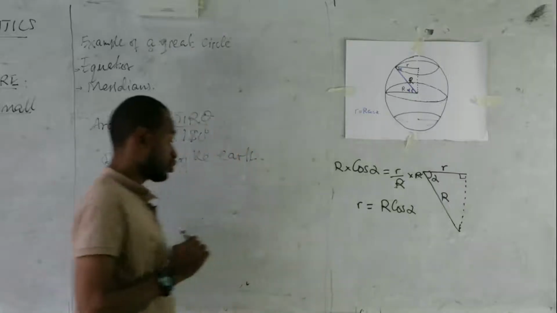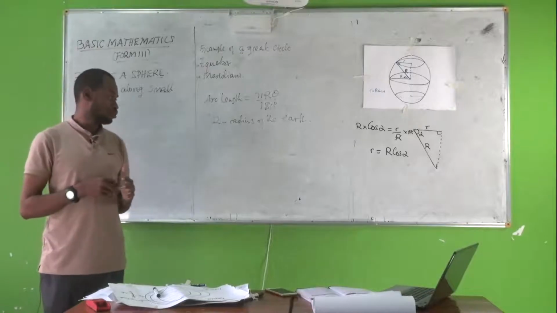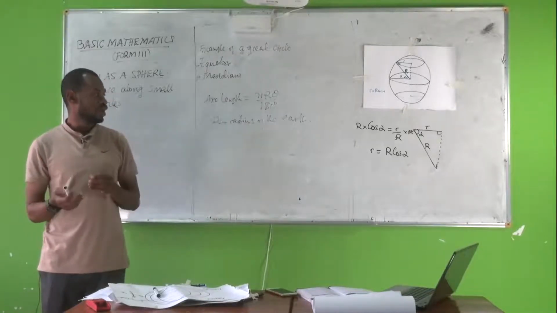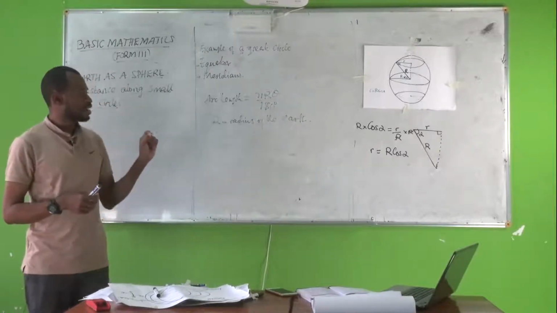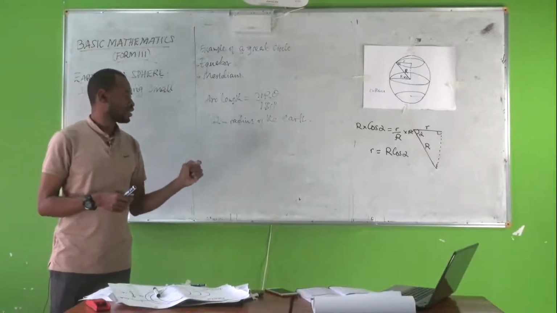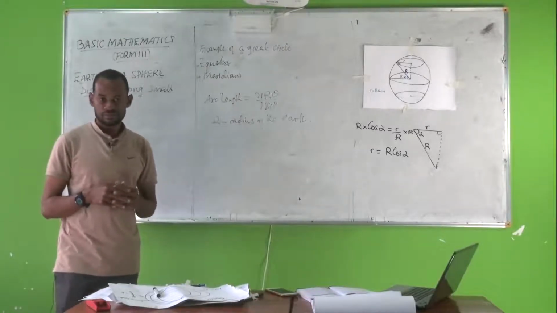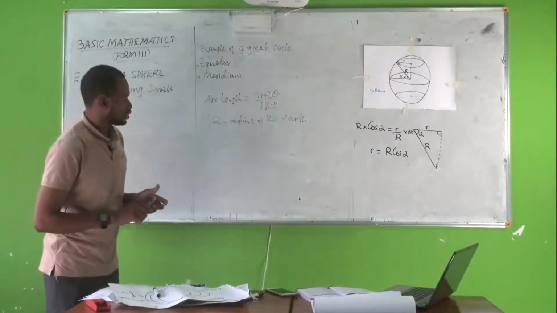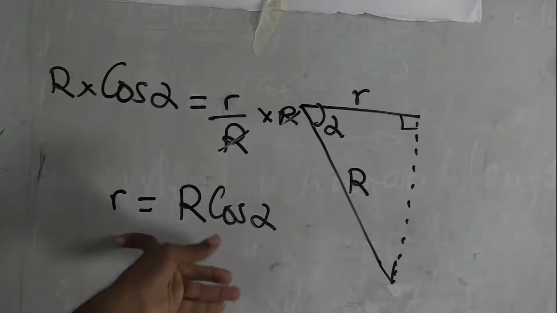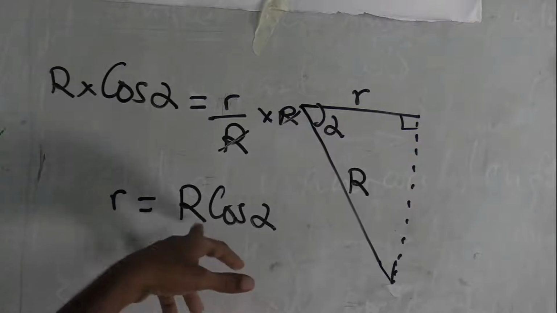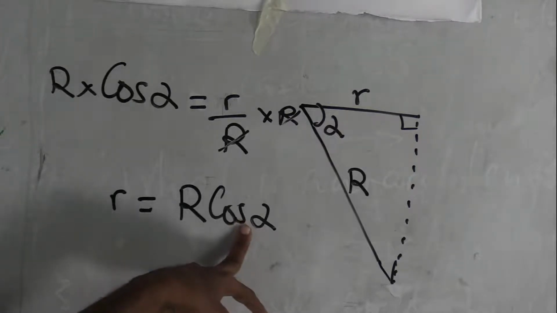So, what is the relationship between small r and capital R, the radius of the small circle and the radius of the great circle? Yes, small r is equal to the radius of the Earth times cos alpha.